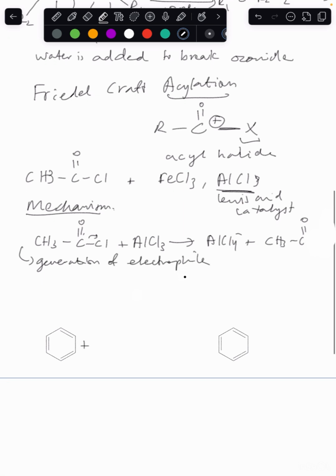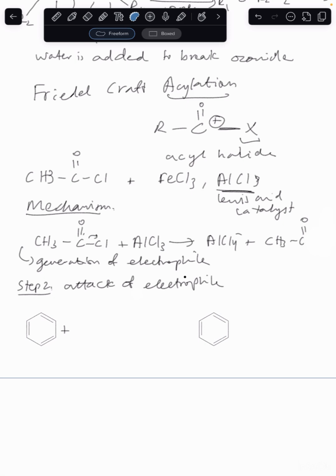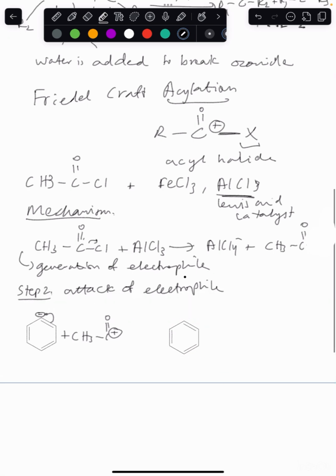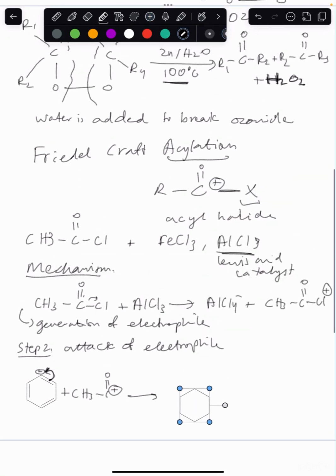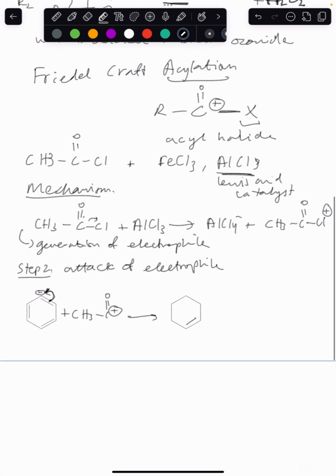Now the second step will be attack of the electrophile. What will happen is the CH3 C double bond O positive will make this go over here, and then this bond will be shifted over here, and then what will happen is we have this benzene ring now.